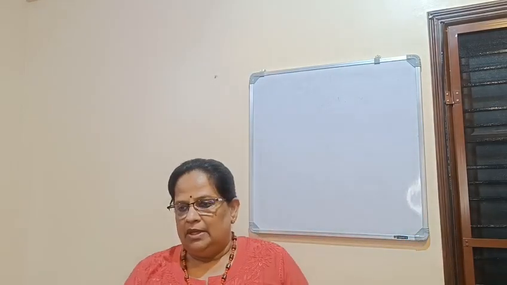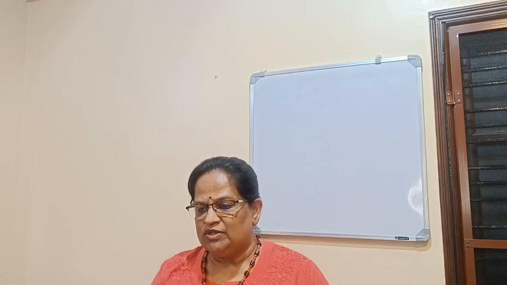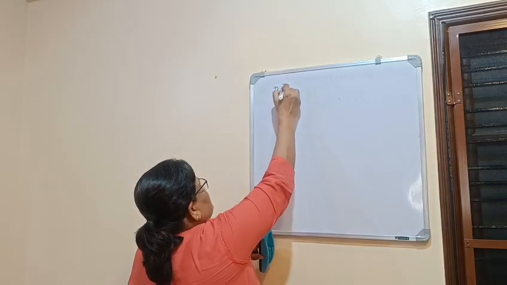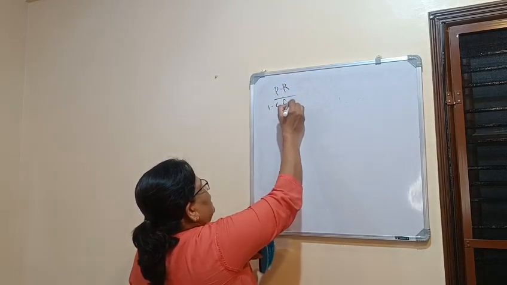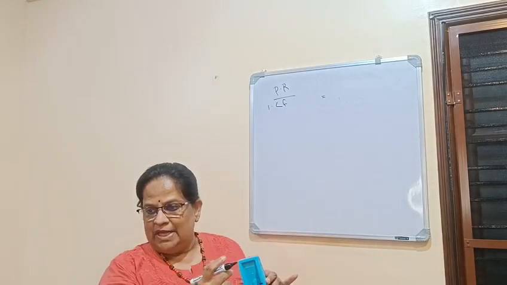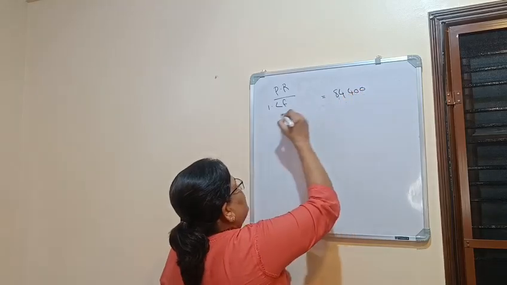Second problem. From the following receipts and payments account, compute professional gain of an advocate for the assessment year 25-26. Balance brought down 6,540. Legal fees, professional receipts, 84,400.